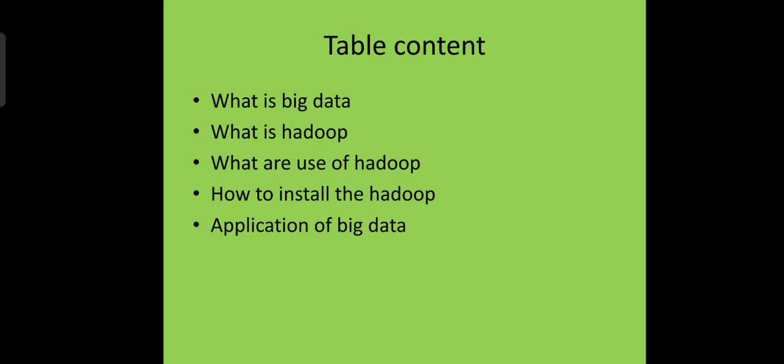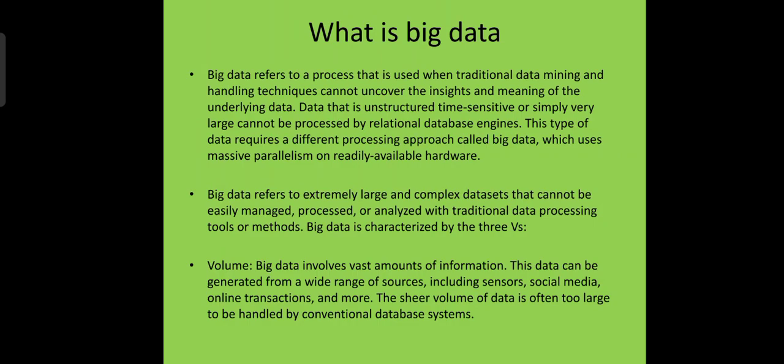Okay, let's move on to what is big data. Big data refers to a process that is used when traditional data mining and handling techniques cannot uncover the insights and meaning of the underlying data that is unstructured, time sensitive, or simply very large.